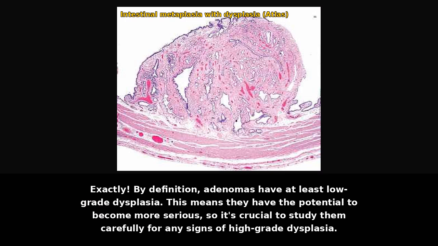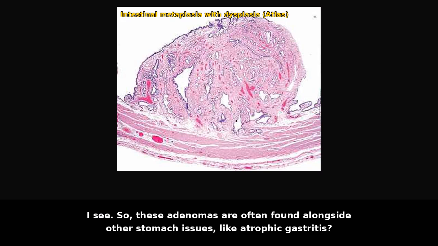Exactly. By definition, adenomas have at least low-grade dysplasia. This means they have the potential to become more serious, so it's crucial to study them carefully for any signs of high-grade dysplasia. I see.